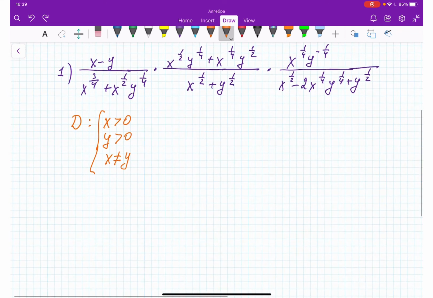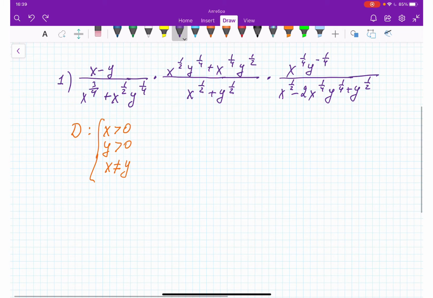I'm going to convert this rational exponent into radicals. This way it is more clear and you can see what operation you can do. So we are getting x minus y.